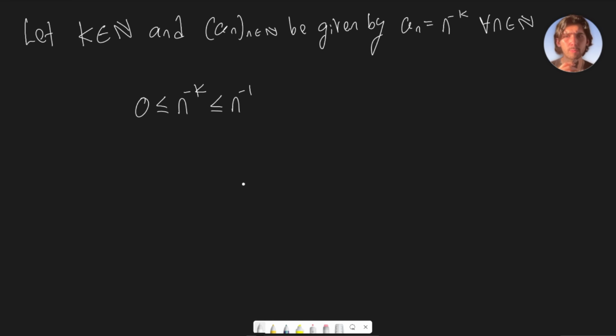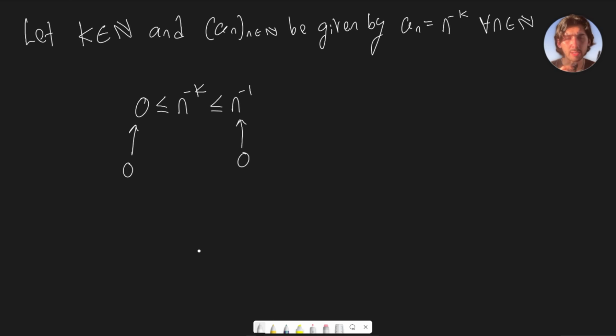And the magnificent part of this is that both of these sequences here, the 0 sequence is just a constant, of course it converges to 0. And this sequence here, this n to the minus 1 sequence, this converges to 0 as well. And if you don't believe me, of course you could prove it very easily. It would be a very simple application of the definition of convergence. They both converge to 0.